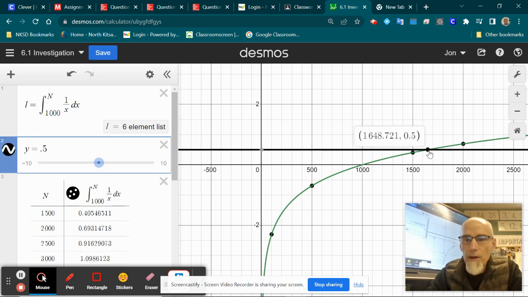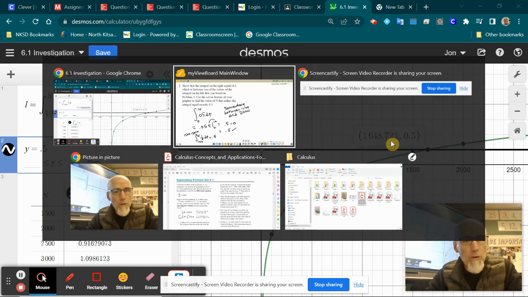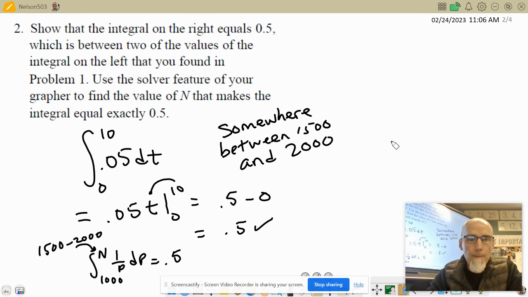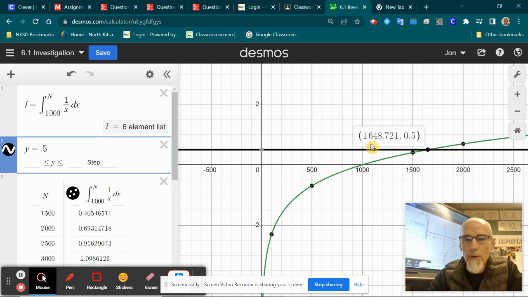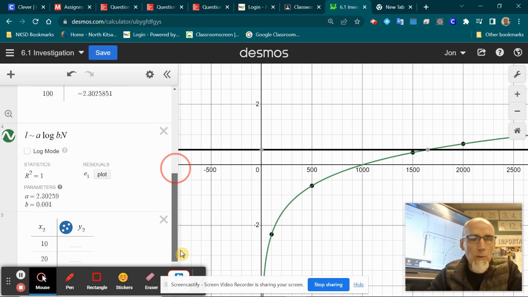And then I can find where they intersect out here. And the population would be 1,648.721, right? So coming back over here, I've now found the population, what was it again, 1,648.721. Now they're going to want us to do something with that number.